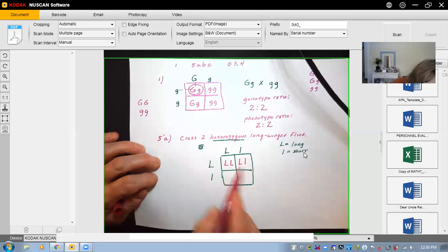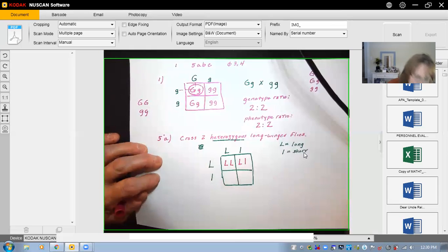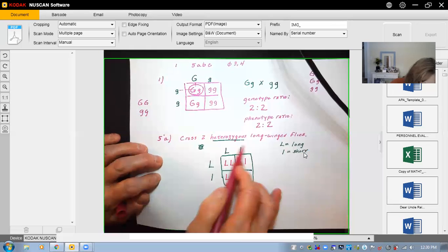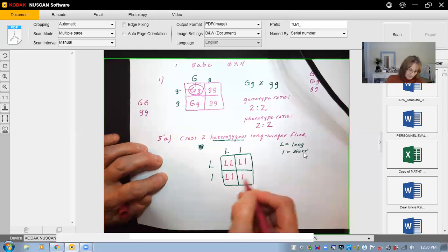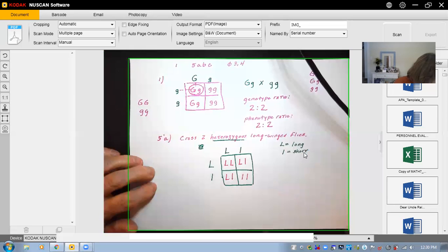If you find that you have a heterozygous state where you have a capital letter and a lowercase, the capital letter always goes first. How about this one? If this egg came together with this sperm, oh, there's another capital L, lowercase l. And how about if this one was put into the egg and this one in the sperm? That baby would be lowercase l, lowercase l. So a little bit different here, which is nice to have a different example.